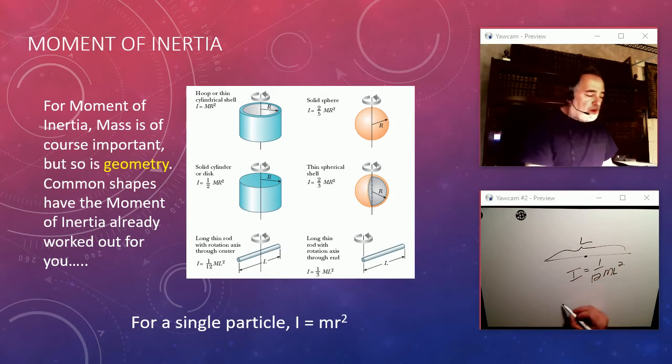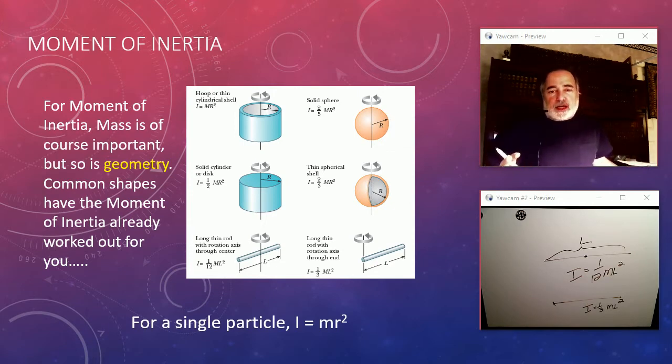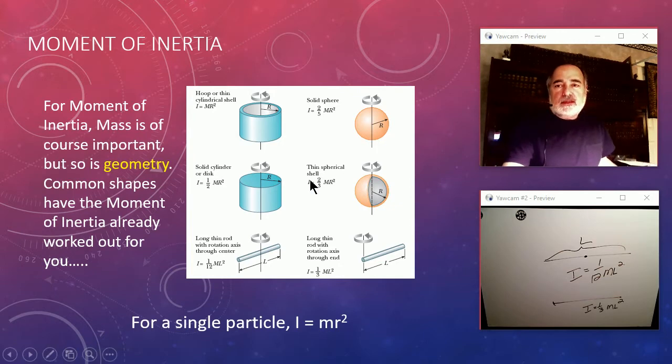If I'm rotating it from the end, let's say this end, it is 1/3 ml squared. So we're going to be using moment of inertia in torque calculations later on, as well as angular momentum. But right now, let's just get down moment of inertia, and let's look at a problem.